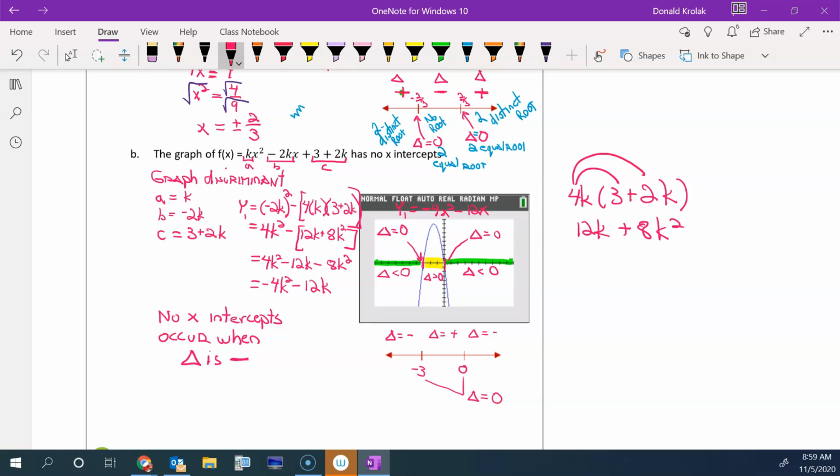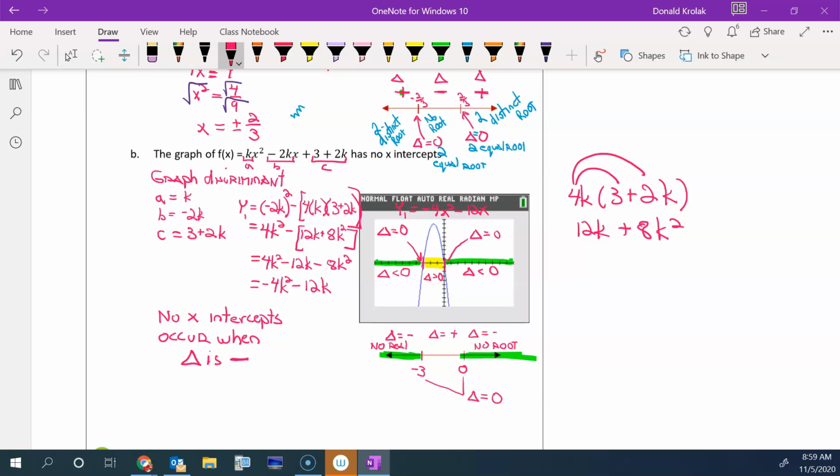So the two regions we're interested in are this one and this one. This means no roots. This means no roots.